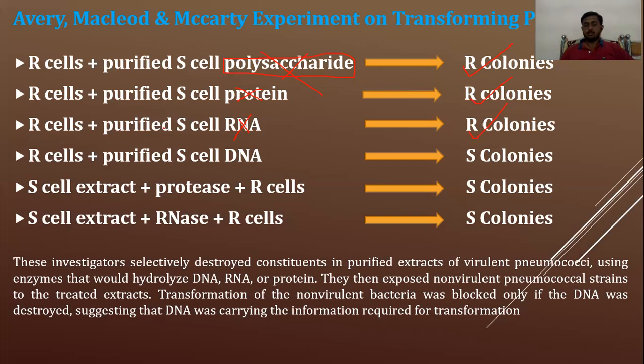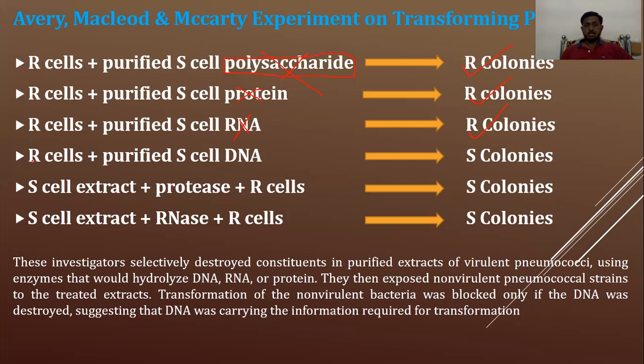In these three stages, there is no presence of live S type of cells, only the component of capsule, protein molecule, and RNA from the S cells are mixed with the live R type of cells, and they observe the growth of R type of colonies in all these three stages.